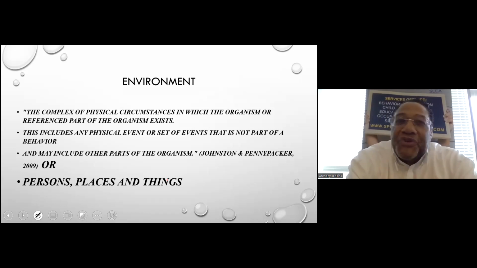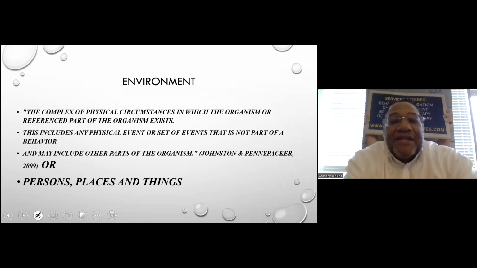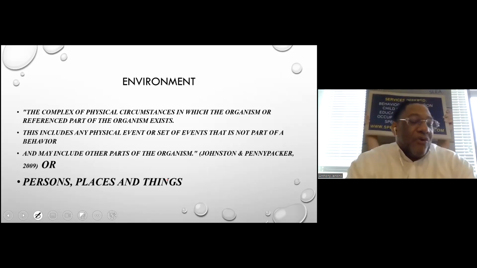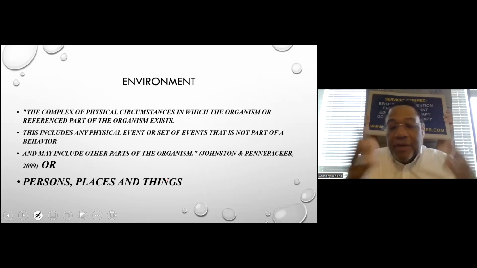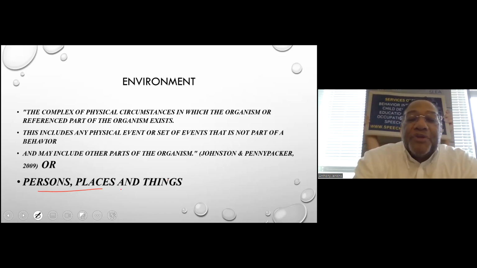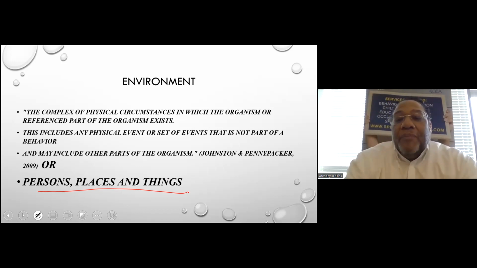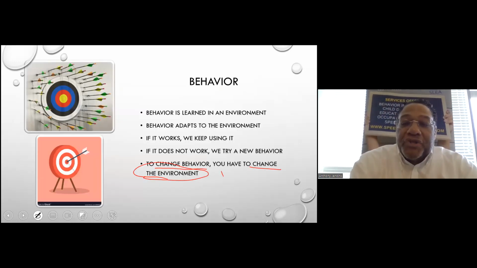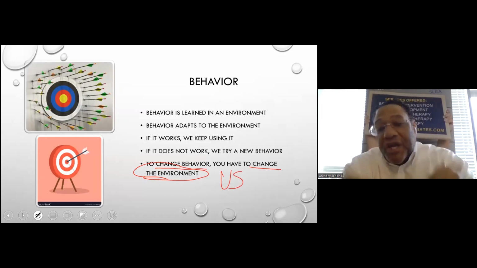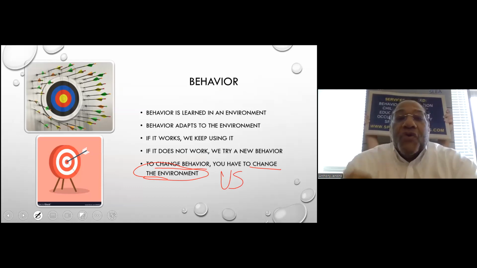This includes any physical event or set of events that is not part of the behavior and may include other parts of the organism. That's once again one of our most fancy definitions. We're talking about this dynamic universe, but it's really person, place, and things. Behavior always occurs in an environment, and that environment is usually us, especially with kids. We're the environment for children.